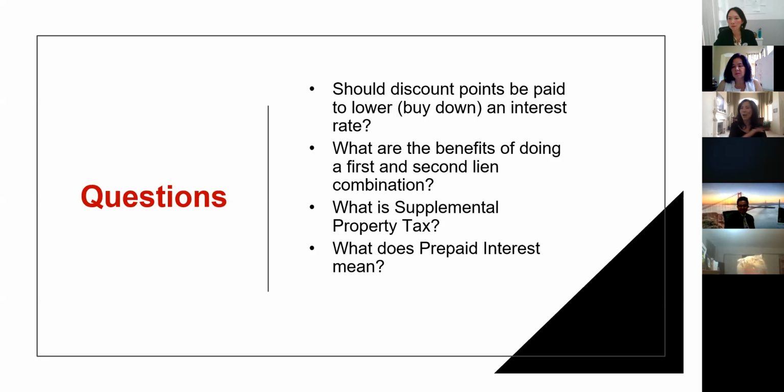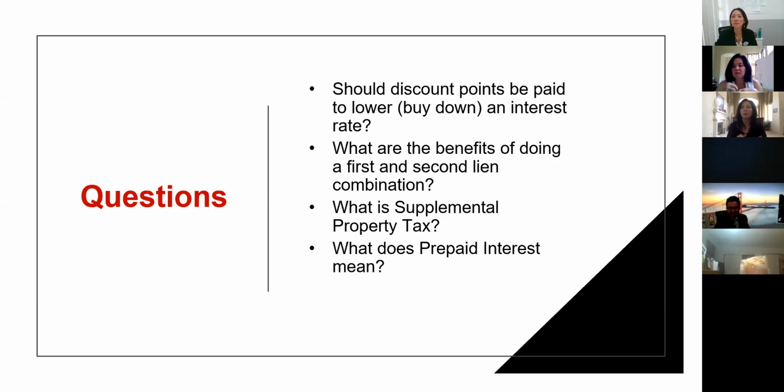In that case, no. The only thing you should do is subordinate your second, meaning keep your second loan and refinance your first loan to get the lowest interest rate, because the first loan is a big loan. It's a 600,000 loan. As long as you save money on the first loan, you save money every month. So you have to work on the loan to find out if it benefits your client.